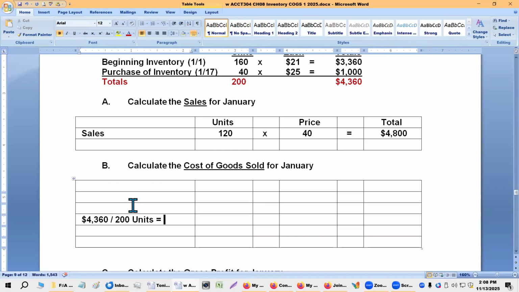equals $21.80. So this is our average cost per unit, 21.80.